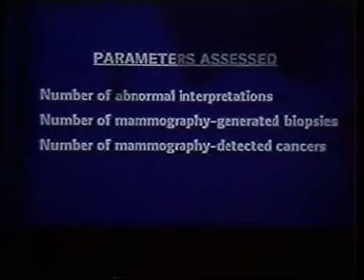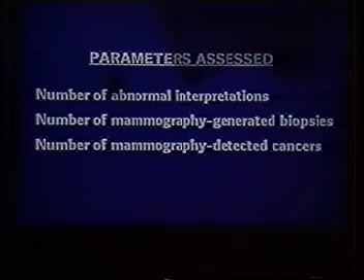The parameters that we assessed in determining whether there were differences between single and 2-view screening were number of abnormal interpretations, the number of mammography-generated biopsies, because this, of course, will affect overall cost, and number of mammography-detected cancers. That's what we're out to find.